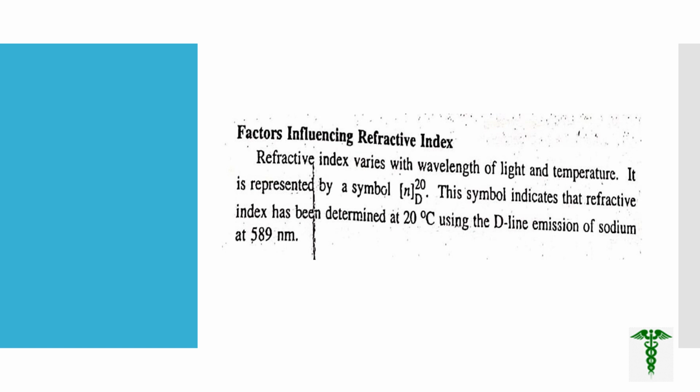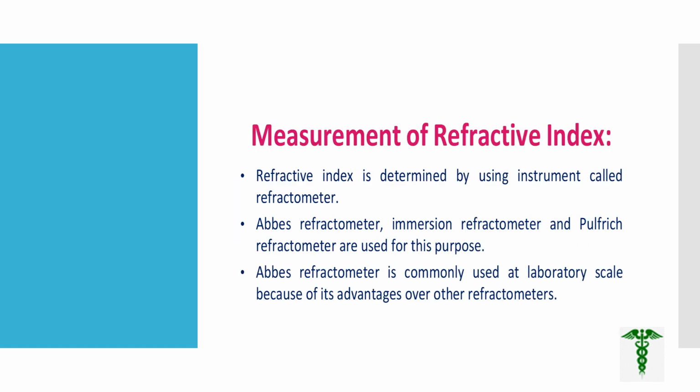So it is represented by eta D 20, where the superscript indicates the refractive index at 20 degrees Celsius, and the subscript D indicates that we are using the D line emission spectrum at 589 nanometers. So it depends on the temperature as well as the light source, the D line spectrum, we are using.